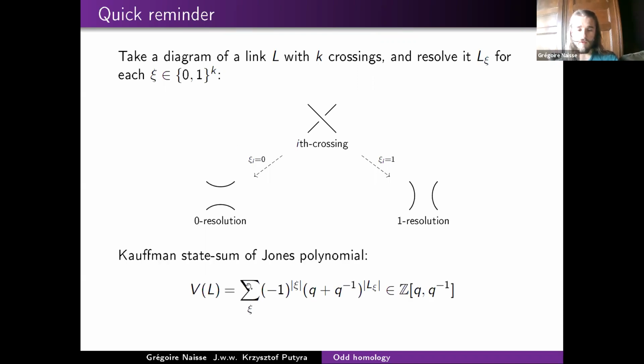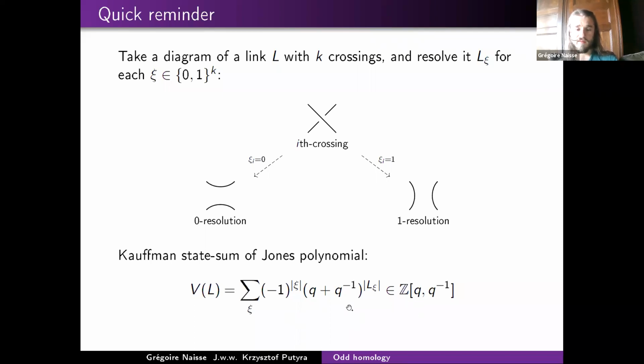If you do the sum over all these choices of resolution of -1 to the power of the number of one resolutions in your state, times these polynomials here in q to the power of the number of components in your resolved link diagram, that is the number of circles, you will get some nice Laurent polynomial in a variable q.